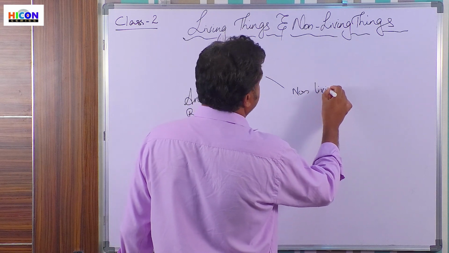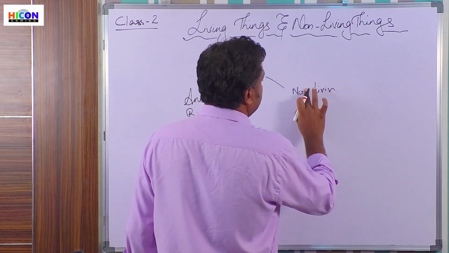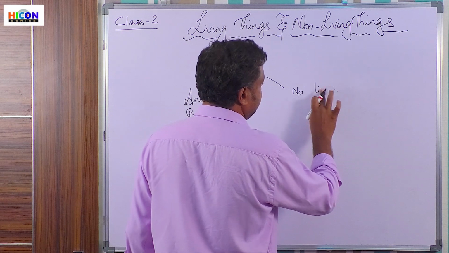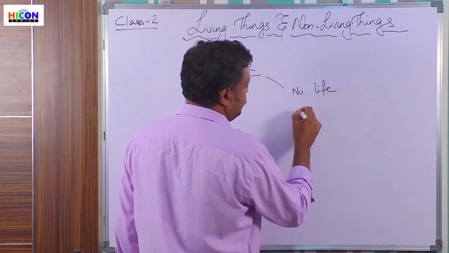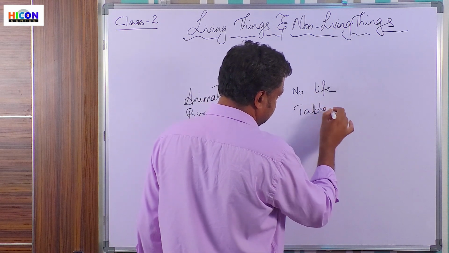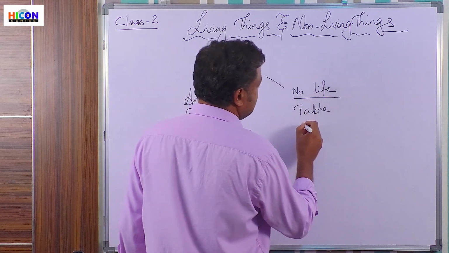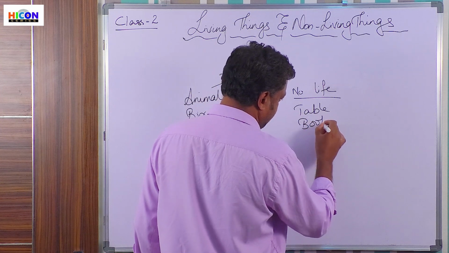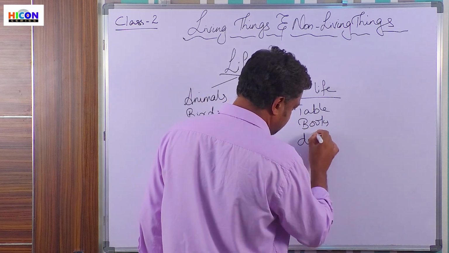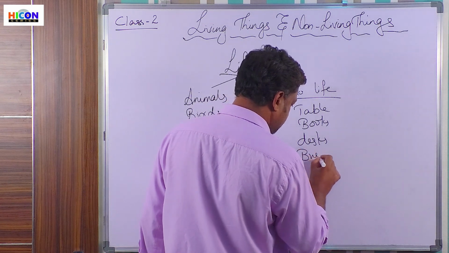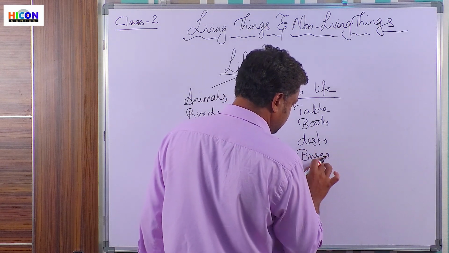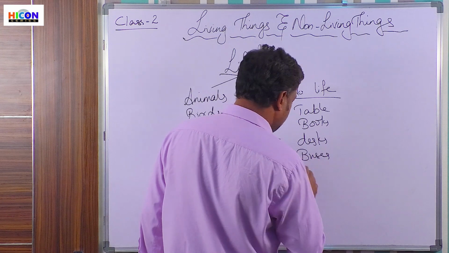And non-living, or things with no life, that is better. They include table, books, desks, then buses, right?